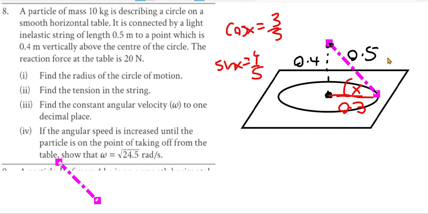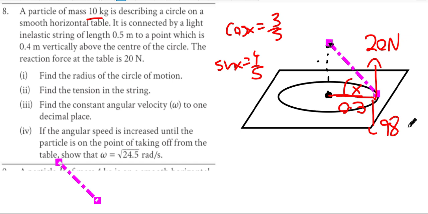So that would mean your reaction force R, which is 20 newtons. The weight is 10 kilograms, which is 10 g, which is 98 newtons. Would you agree with that? 98 newtons going downwards.